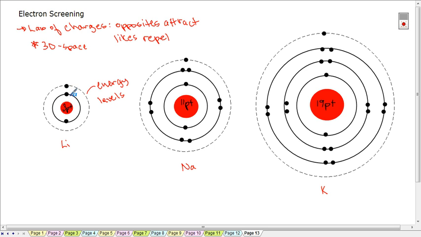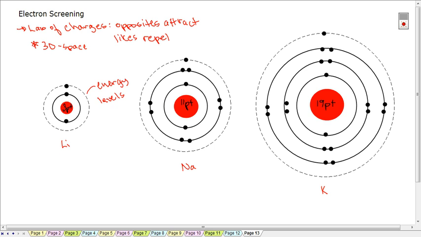Now what happens is we have a full energy level here, and it is going to alter the effects that this outer electron or valence electron will feel from the nucleus. So as it turns out, depending on where an electron is, it will feel the pull towards the nucleus differently.